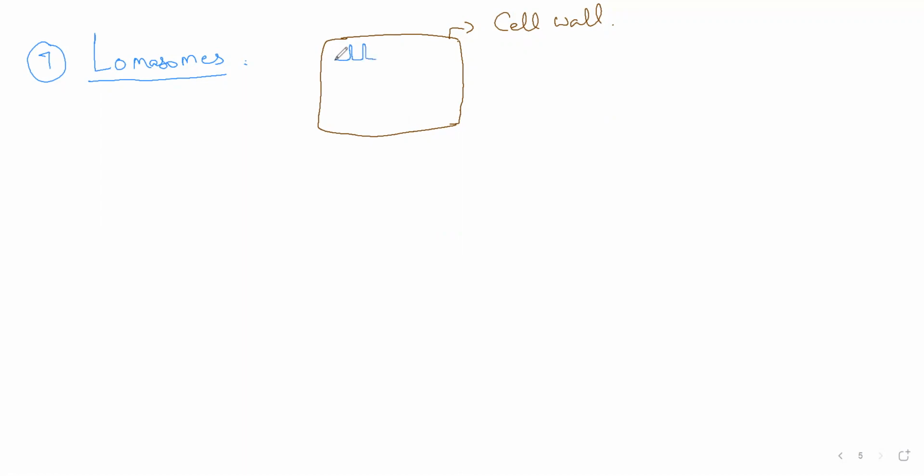And these are foldings towards the outside. These are evaginations. These could be everywhere, all around the cell. These structures are the lomasomes, the evaginations.